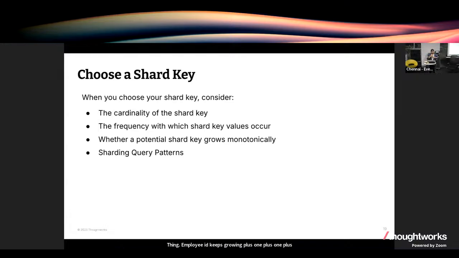Same way, the other way around, if everything goes to the smallest number, that's also not ideal. So that should not be chosen as the shard key. And then the query pattern. You need to have an idea of how your data will look beforehand in order to distribute your load pattern to get the best out of MongoDB sharding.